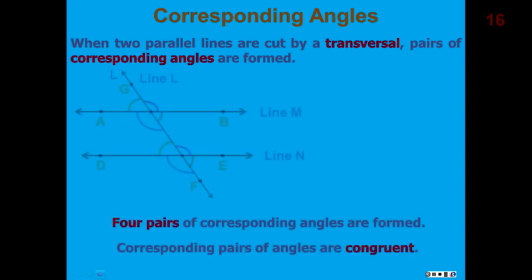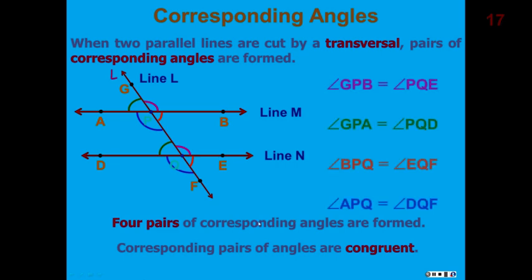We went over corresponding angles. Just pick up the top and drop it. Pick up this top set and drop it on top of the second set, and then you can figure out what angles are corresponding. I think this was more complicated than the way I did it before, okay? But it's the same thing. So it doesn't matter how they label it, that relationship of corresponding angles stays the same.